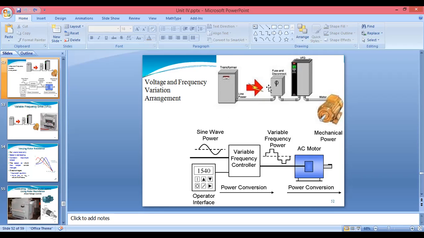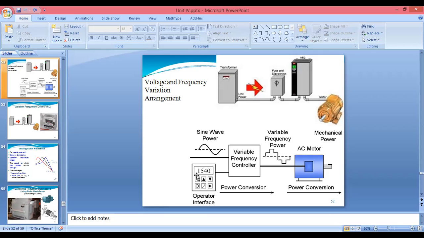If we disconnect the fuse here and give the voltage to the frequency oscillator, we are giving power supply to the three-phase induction motor. To change the speed of the motor, we are supposed to change the voltage, which will be a higher change.